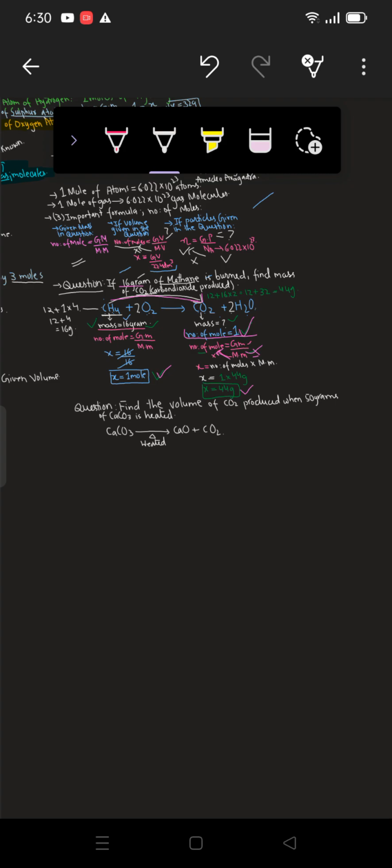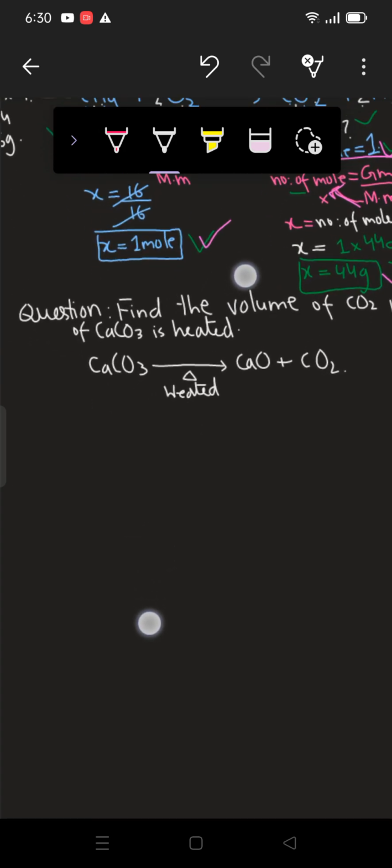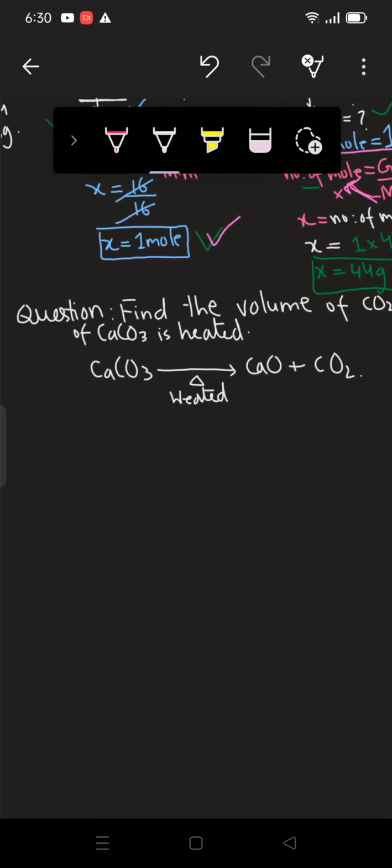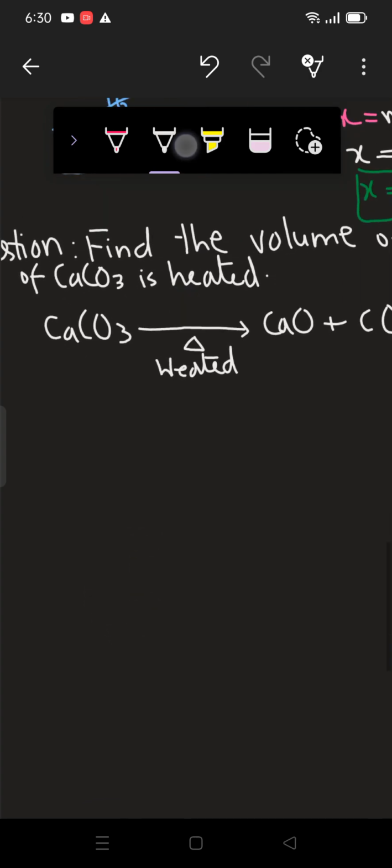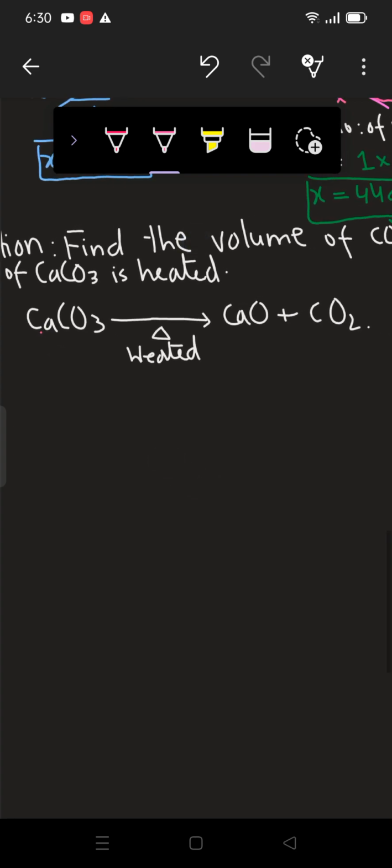That is the very first step we need to solve. So here we need to see, is the given equation balanced or not? Calcium carbonate is heated, thus calcium oxide plus carbon dioxide is produced. See, calcium on the reactant side is 1. On the product side as well, calcium is 1. Means calcium is balanced. Now come towards the carbon.